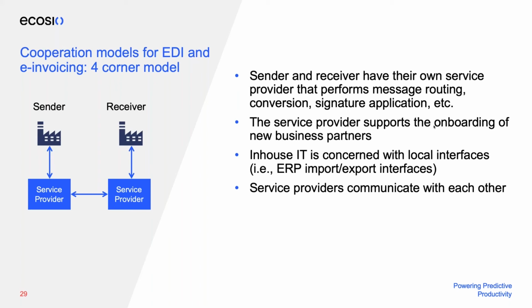And these service providers, as shown on the left-hand side, communicate with each other, so seamless communication is feasible. And the in-house IT is typically only concerned with local interfaces. That would be the ERP import-export interface towards the service provider.